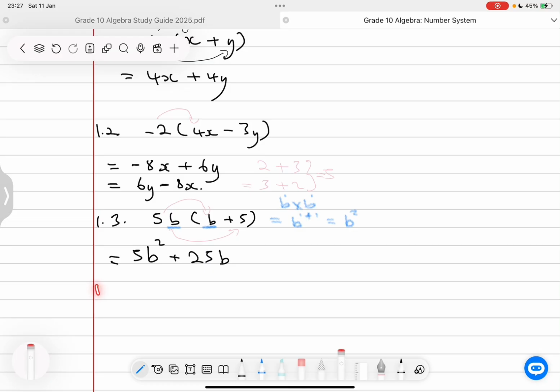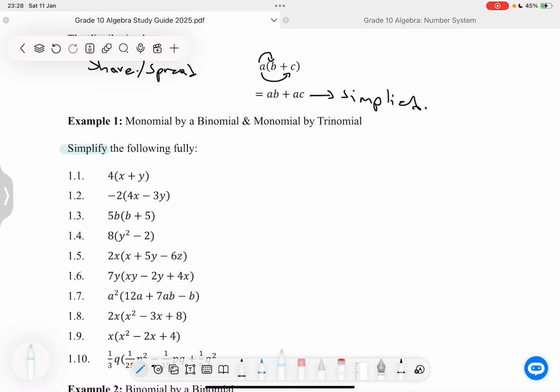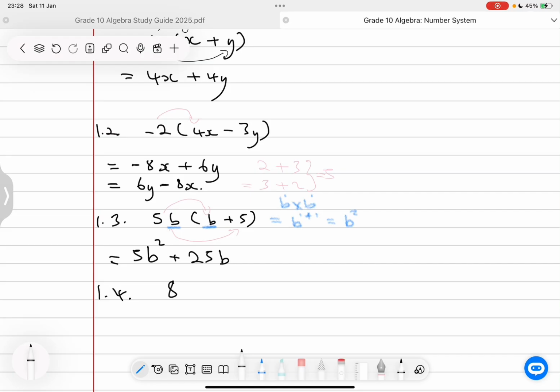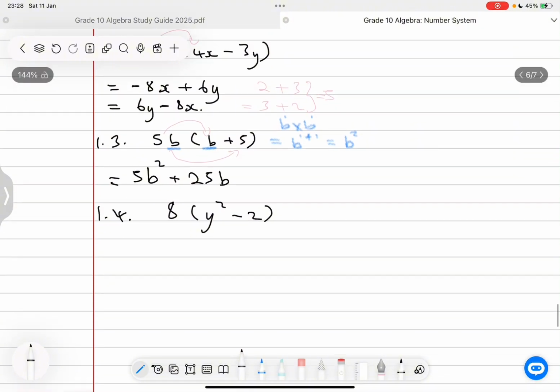Then we go to 1.4. It says 8 times y squared minus 2, right? So we have here an 8 multiplied by y squared minus a 2. This will give us, when we apply our distributive law, right, we're going to multiply the 8 and the y squared, which will simply be equals to 8y squared.